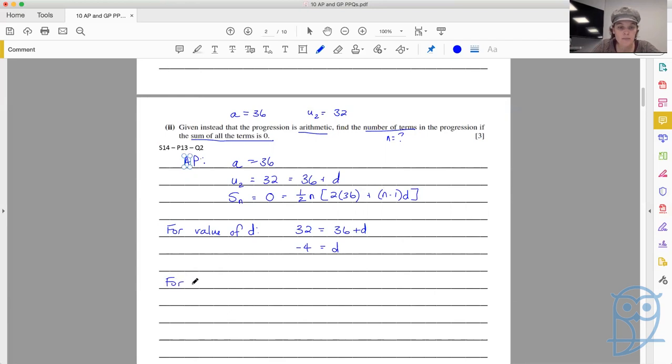So for value of n, our next equation is 0 equals 1/2 n, 2 times 36 is 72, plus n minus 1, and remember I said always substitute in brackets, because here we have it, that minus 4, close brackets. Now we can simplify and solve, multiply by 2 to clear that, so 0 equals n, 72 minus 4n plus 4.